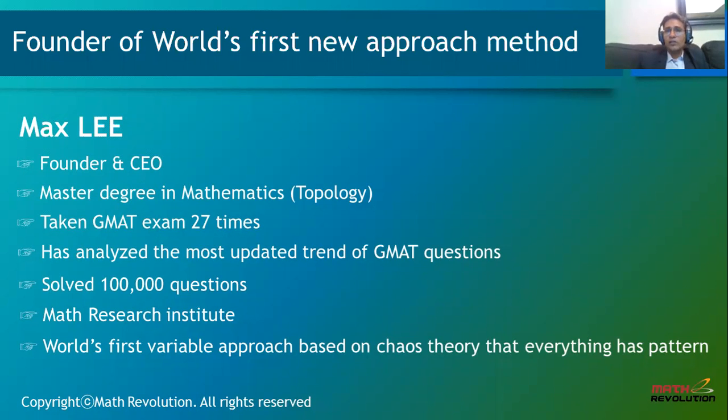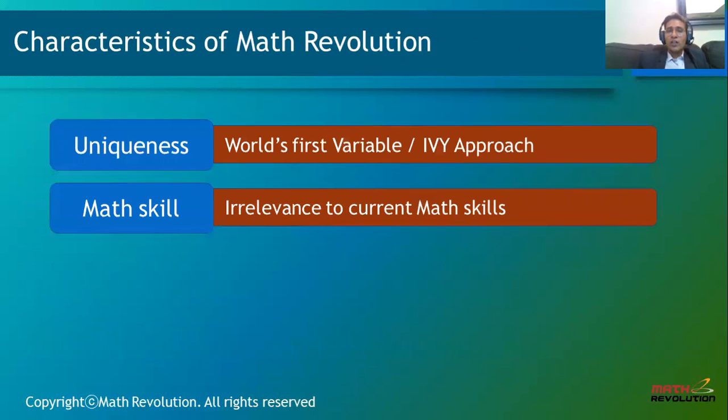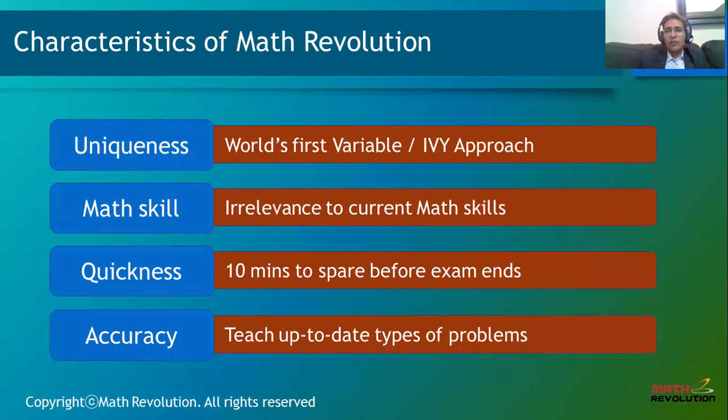He is the founder of Math Revolution, the mastermind behind the world's first unique approach, the variable approach to solve DS questions. He himself has taken the GMAT almost 27 times and has solved 100,000-plus questions to come up with such unique approaches.